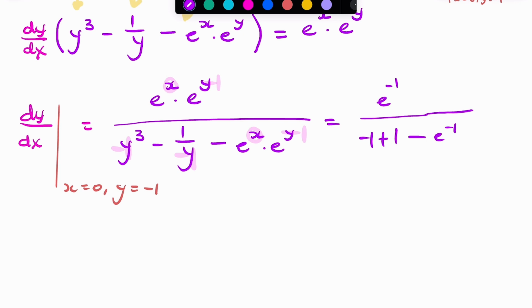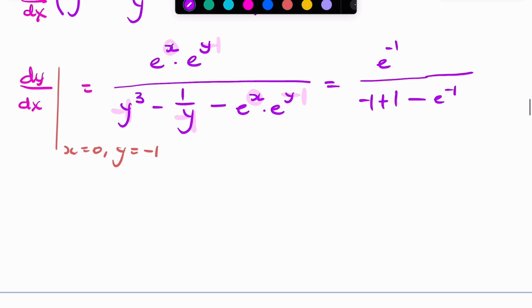So that looks like it's going to give me e to the -1 over e to the -1, which is -1. So that's really helpful. We found dy by dx.